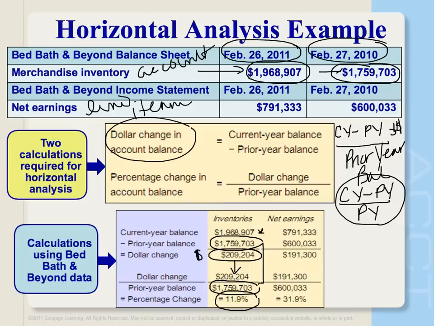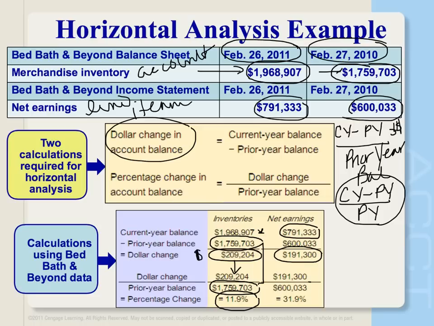All right. So if we want to do the same thing for net earnings, we take the current balance of $791.33, subtract the $600,000 and change, and we end up with $191,300.